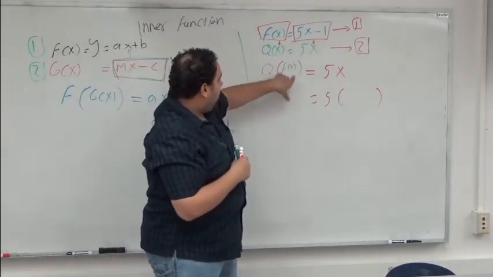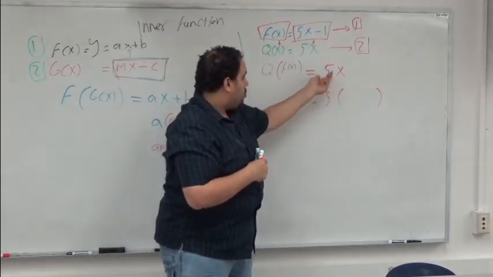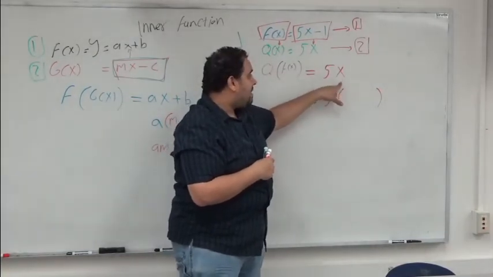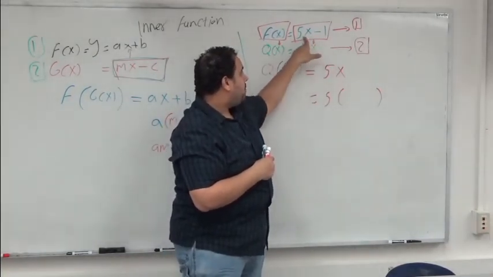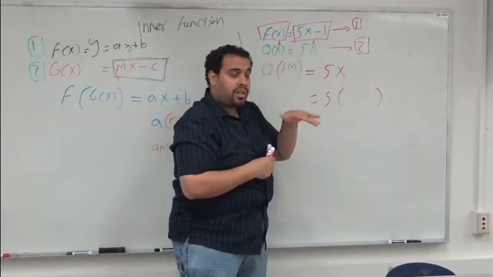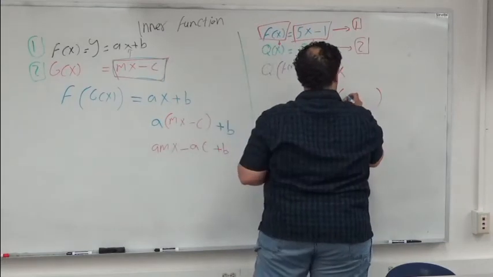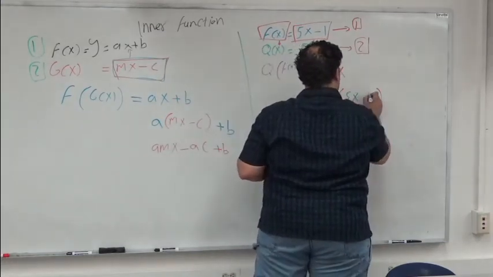q of f of x, then 5x. So the 5, as it is, nothing can change. I'm just replacing the x with the whole other equation, 5x minus 1. So we come here, 5x minus 1.